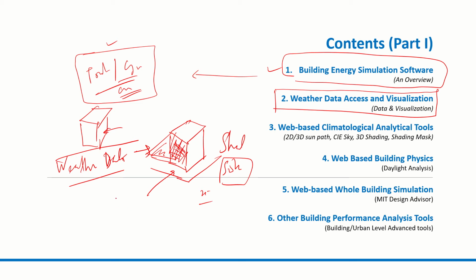But if we want to run a simulation, or understand how the building is performing in terms of energy, in terms of what kind of lighting load is needed, we need a little more information than just where the sun is, what the sun angle is, and what shadow pattern we will get.